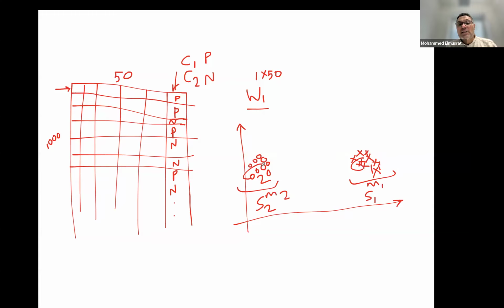I want to keep the means of the two classes as large as possible apart. So these are the two tasks of computing W1. I want to select the optimum W1, which makes the variance within each class very small, but the difference between the classes as large as possible.